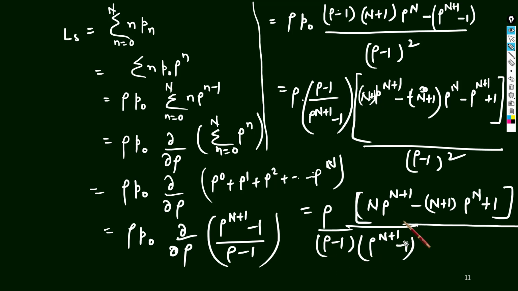If you use this expression also, there is no problem in it. But see here, this one will come negative, and this also will come negative, negative, negative, positive. So better you can swap it to 1 minus rho and 1 minus rho to the power n plus 1. Okay, so in both the cases it will be safe if it is less than 1. Clear? So this expression is valid for all types of rho.